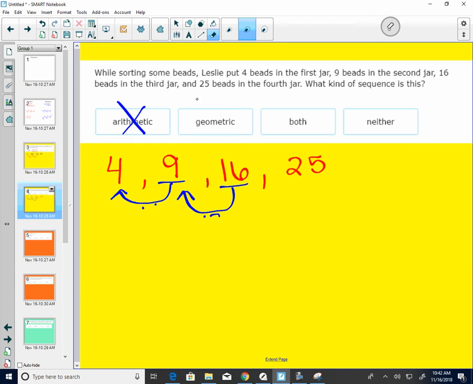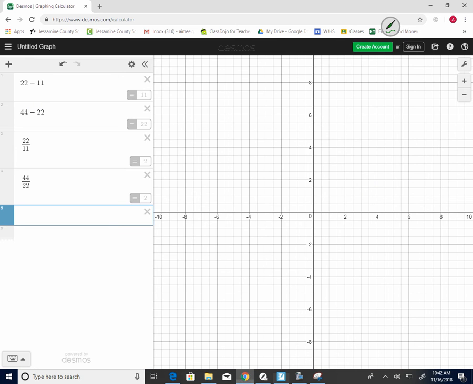So let's divide and see if it's geometric. I also work backwards because if our common ratio happens to be a fraction, by working backwards we're getting that fraction. So let's do 9 divided by 4. I'll show you by typing it in decimals here. 9 divided by 4 is 2.25.